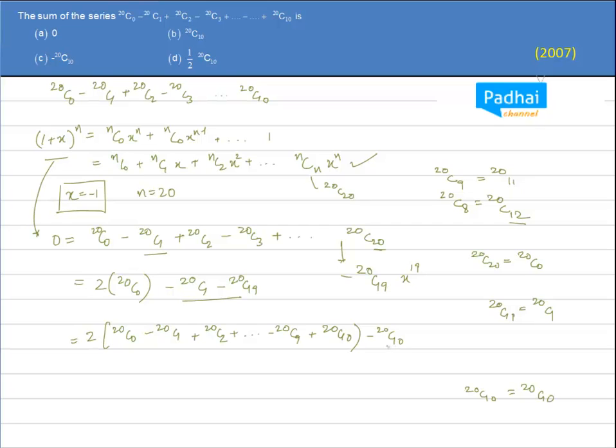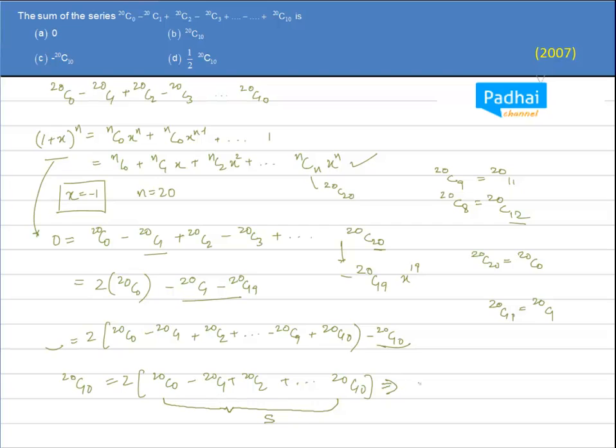If I take this term over to the other side, this will become 20C10 equal to twice the thing that we require. But this is just twice, so that is not a problem because I can take it to the other side. I'll name this sum S, because this is what I am requiring.